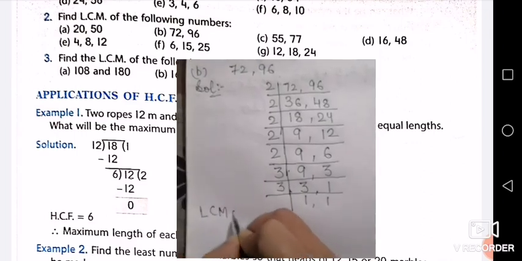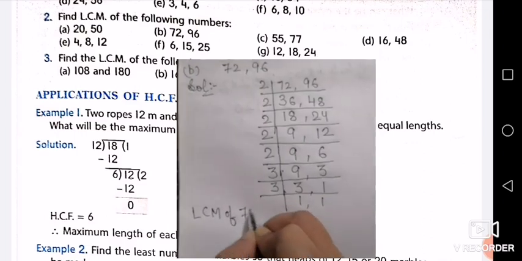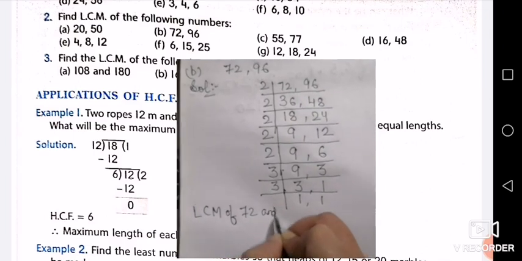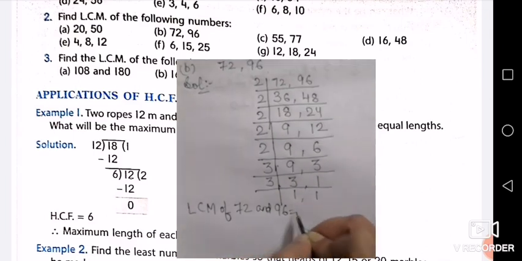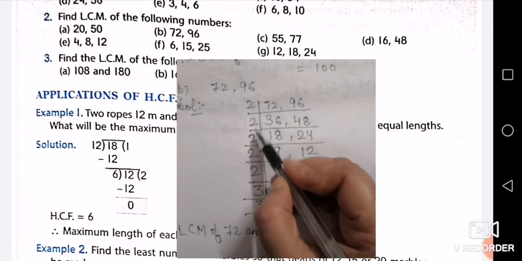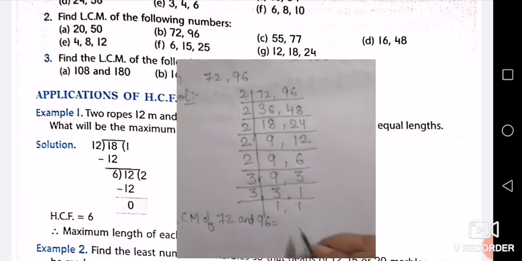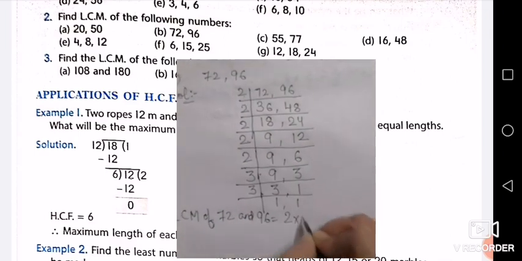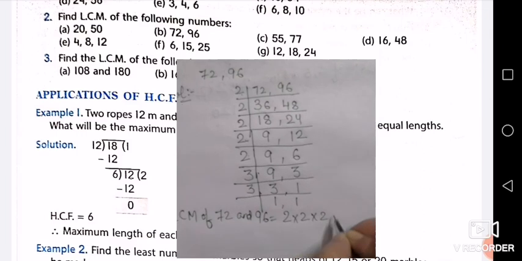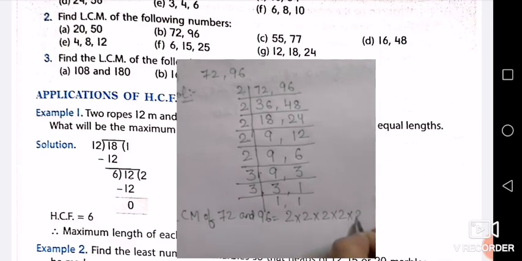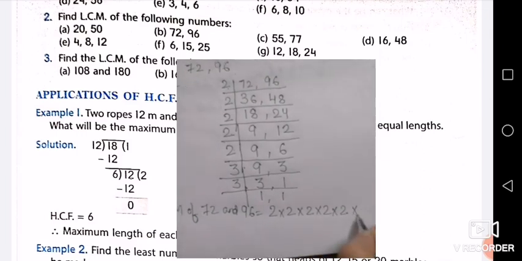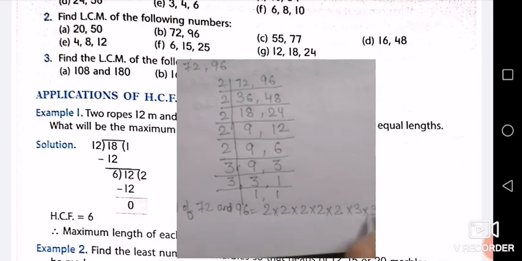Now here LCM of 72 and 96 you have to write. Now here 1, 2, 3, 4, 5, 5 times we will write 2, then 3 and then 3.